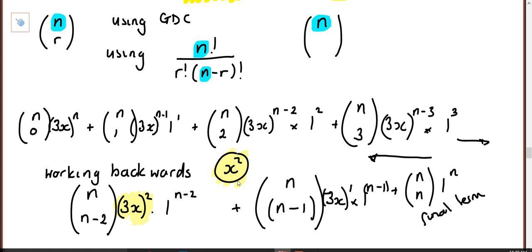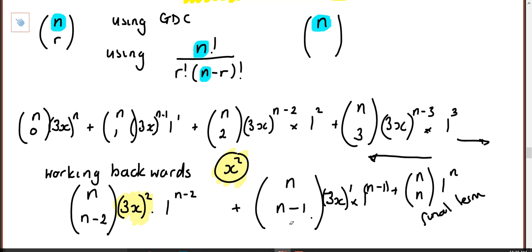So n choose n to the 1n is only for the last term, or is that just one big thing? That is the final term, isn't it? And we know what n choose n is. It would be 1, regardless of what n is. So that doesn't help us. n choose n minus 1 is a value, but we don't know what that value is because it would be the same as n.